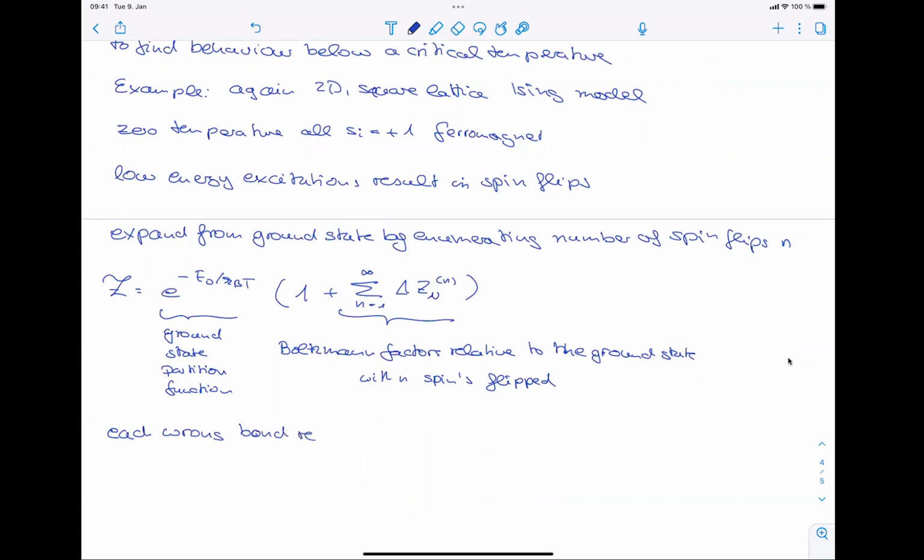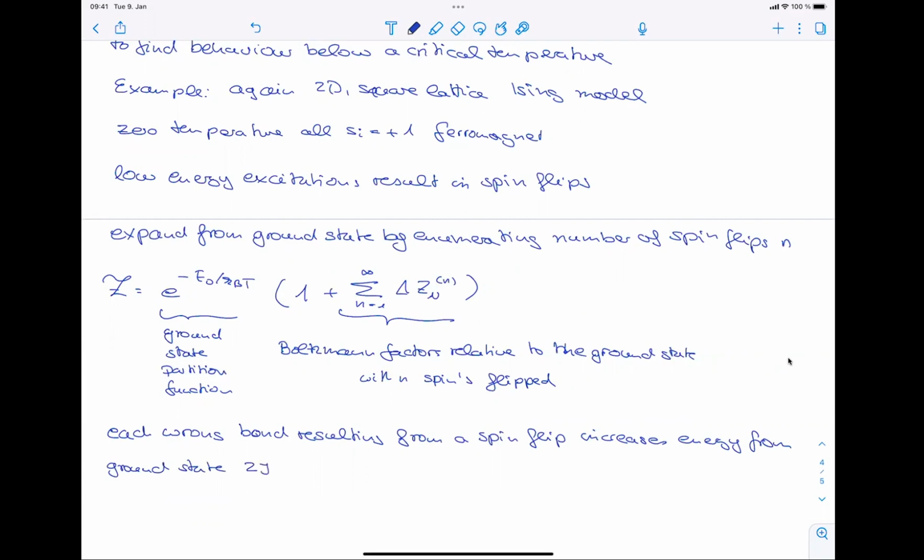So each wrong bond resulting from a spin flip increases the energy from the ground state by 2J.